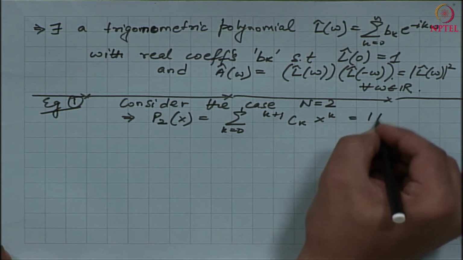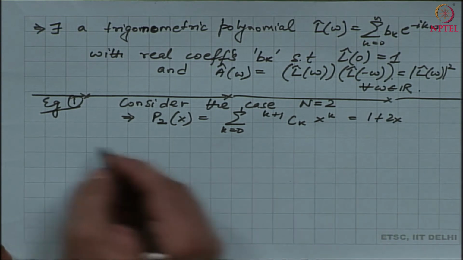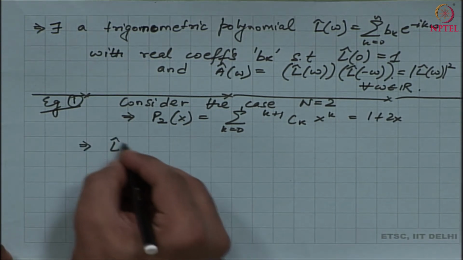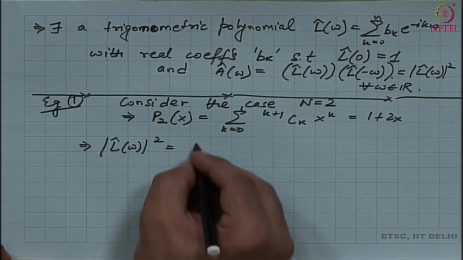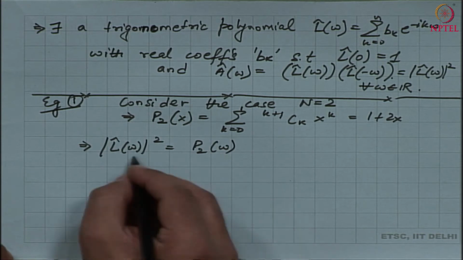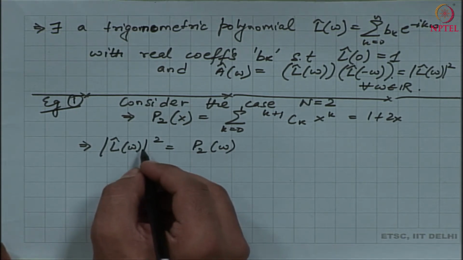This will be equal to 1 plus 2x after putting in all the values, and then what I have is that L hat of omega, the absolute value squared, will be P2 of omega. Okay. So, which means my polynomial P2 can be equated to L hat omega squared.